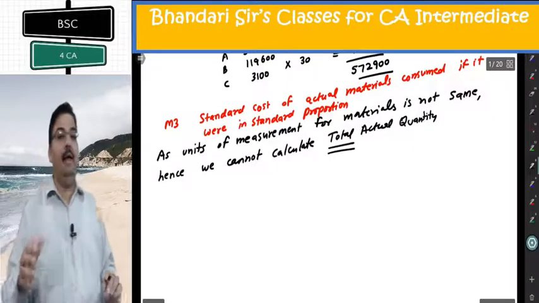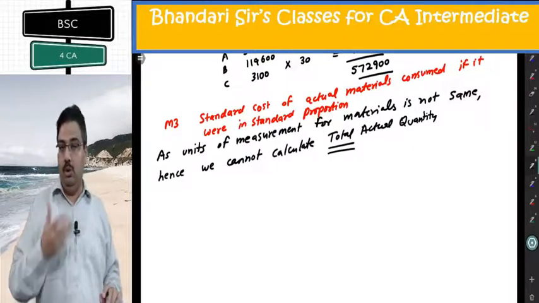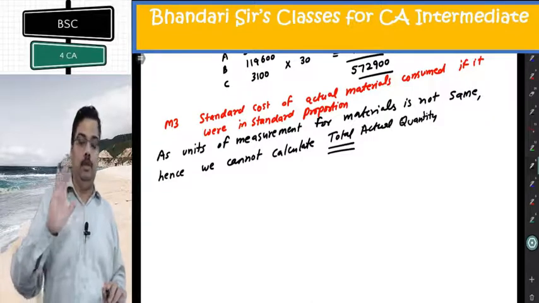You cannot add kg with gallons. Once you cannot add, you cannot get total actual quantity.